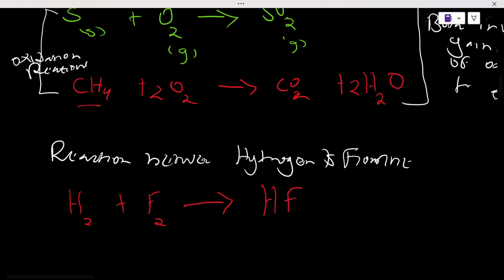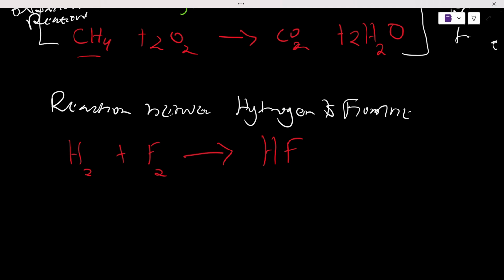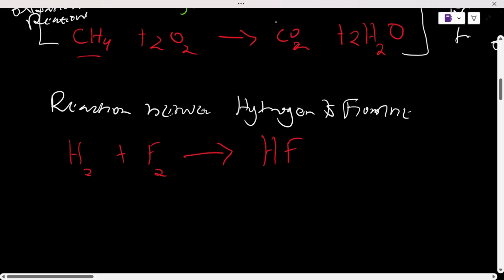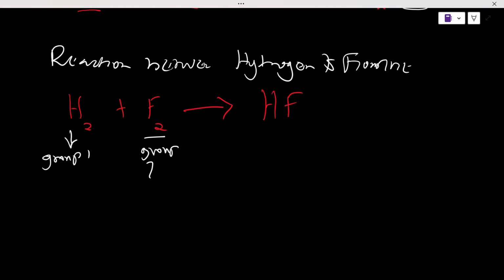But now, I want to view this reaction in terms of electron loss. If you look at these two species, fluorine is in group 7, hydrogen is in group 1, though not classified in the periodic table in the column where we have group 1 because all those are metals and hydrogen is not a metal, it is a non-metal.